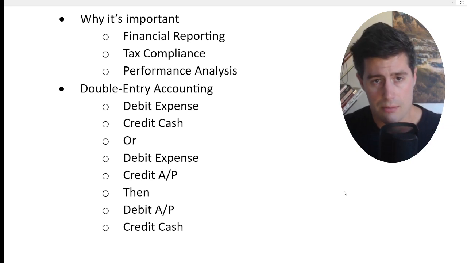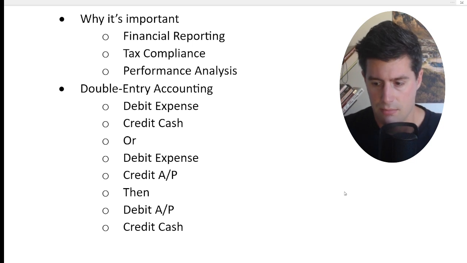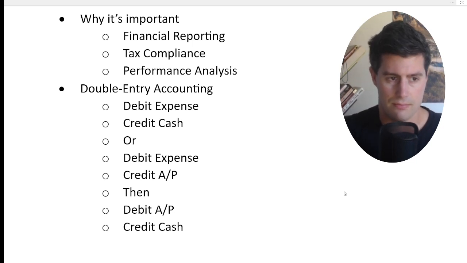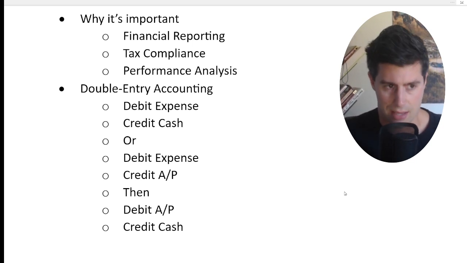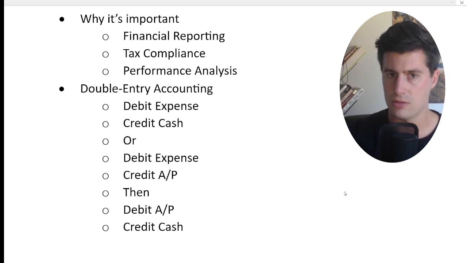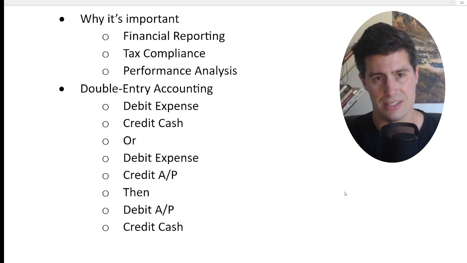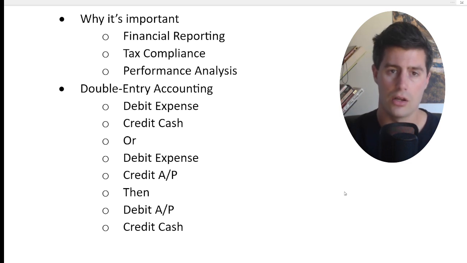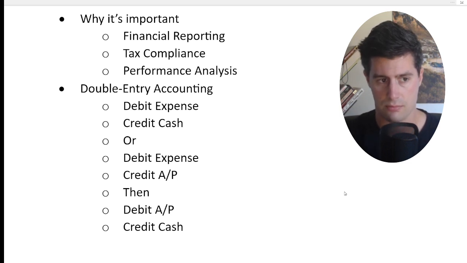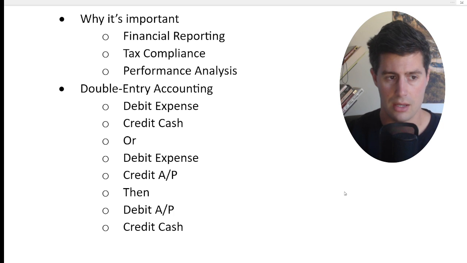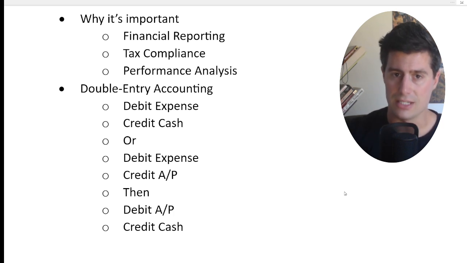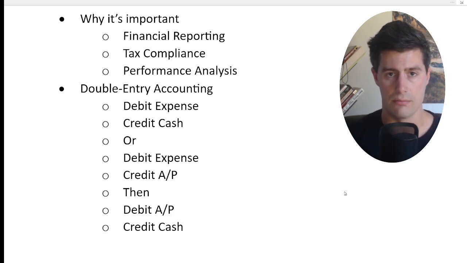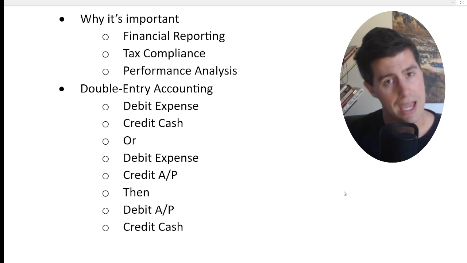Okay, let's talk about categorizing expenses in terms of debits and credits. Let's start with the most basic example. You take your cash, you go to the store, you buy supplies. We're going to debit expense, credit cash. Most basic example. By debiting expense, we are decreasing our net income, which means we're decreasing equity.